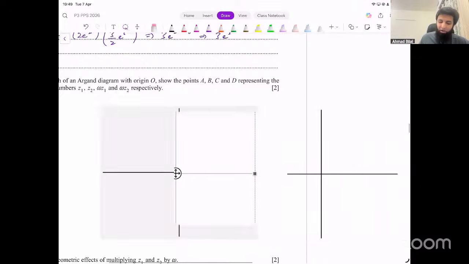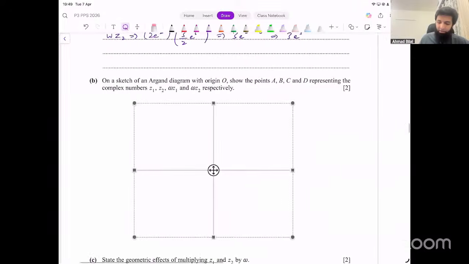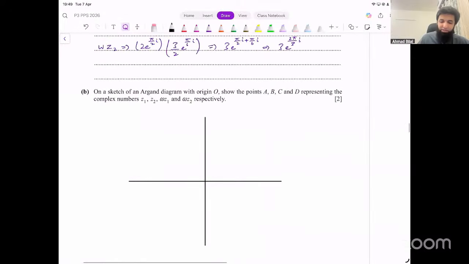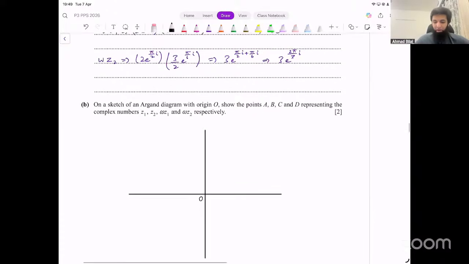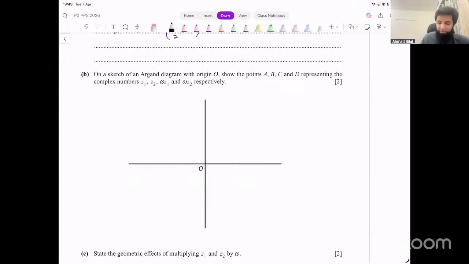Whenever you draw an Argand diagram, use the same scale on both axes. Okay. So you will measure this using a ruler ideally. In this case, it's still not that much of a problem, but when you're drawing locus, in those cases, you need to always make sure that you use the same scale on both axes. So if I have 1 unit here, then it will be the same distance on the y-axis as well that we say is 1 unit.